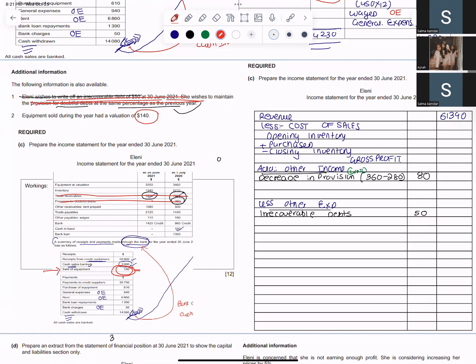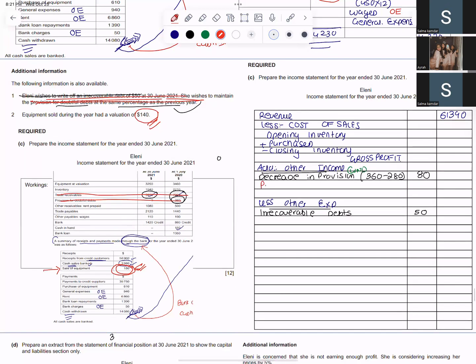An equipment of 140 was sold for 180. So 40 gain. So 40 income. It is again income. So profit on disposal of equipment, 40.